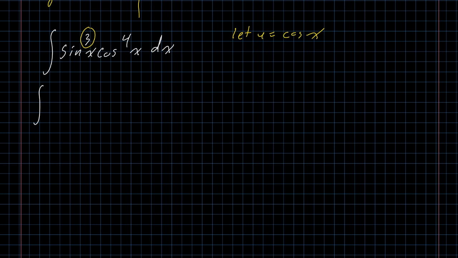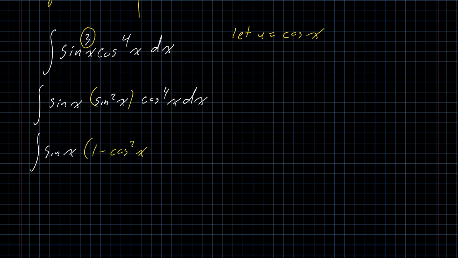I'm going to rewrite sine cubed as sine of x times sine squared of x, so that I can rewrite that sine squared as 1 minus cosine squared x. Right, that's just the Pythagorean identity. Sine squared plus cosine squared is equal to 1, so sine squared is 1 minus cosine squared.